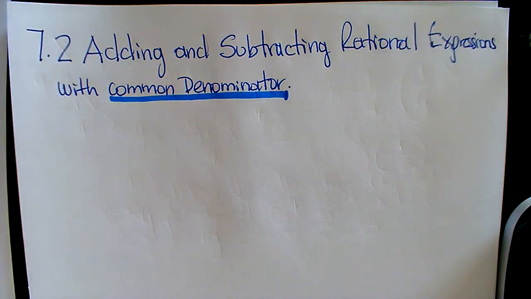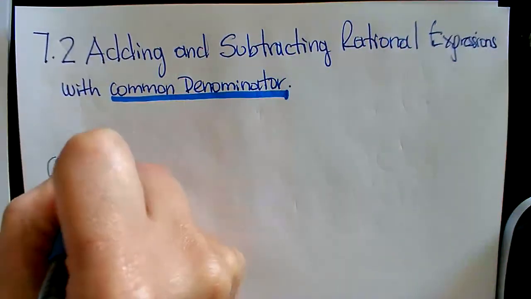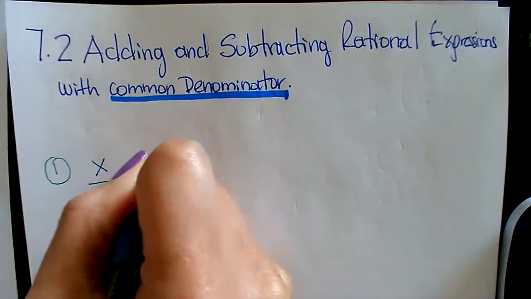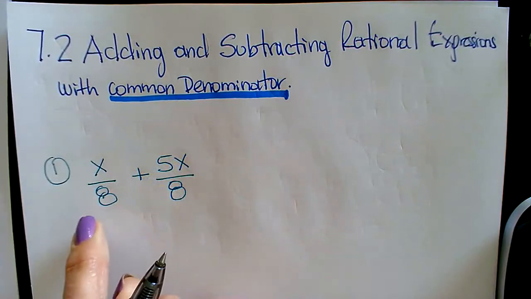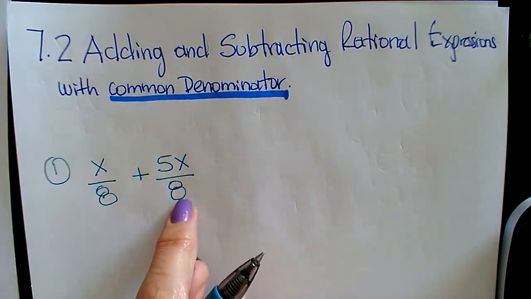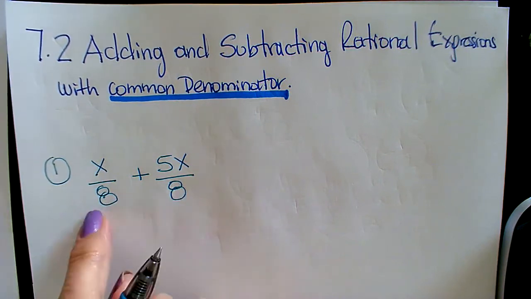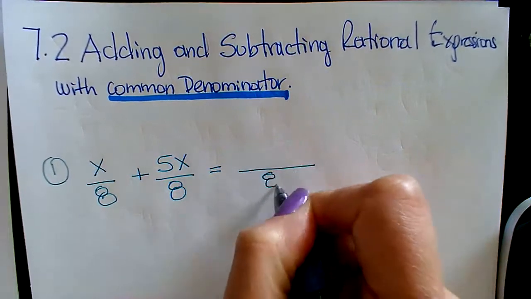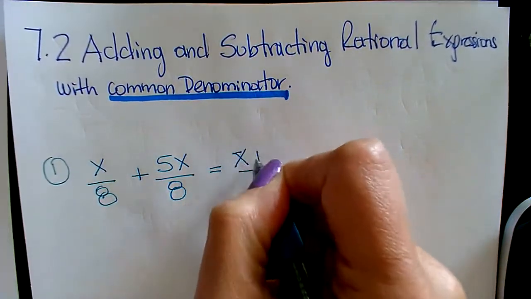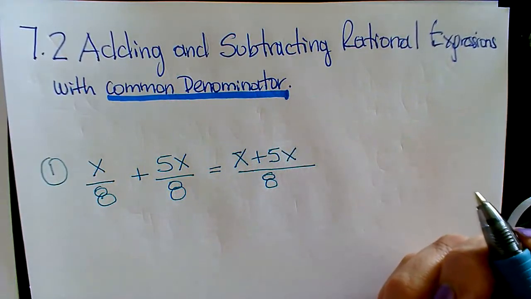And let me start with an example. x plus 8 and 5x plus 8. So when we are adding, in this case, rational expressions, and if they have the same denominator, what do we do? We keep the denominator and combine the numerators.